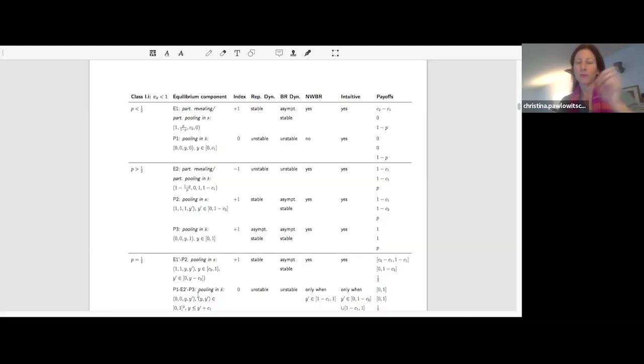We don't do this for applications, but this is a very important theoretical reference point to see what happens with the equilibrium structure in this knife edge case. And it's also interesting for the dynamics, because one sees how one dynamic pattern changes from one generic case into the other.